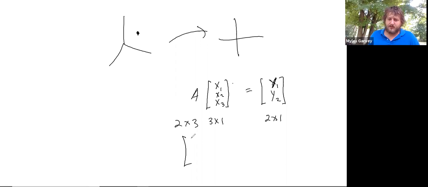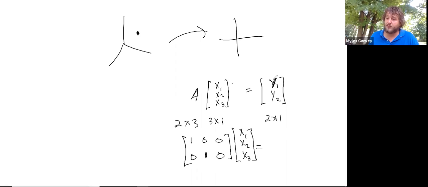So let's suppose that we use something that kind of looks like the identity matrix. I say kind of because it's not exactly the identity matrix, because we would need a third row for that to be true. But let's just use that. When we multiply those two together, we get an equation for y1 and y2.